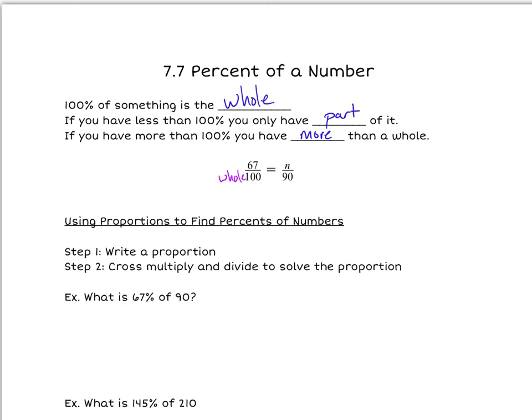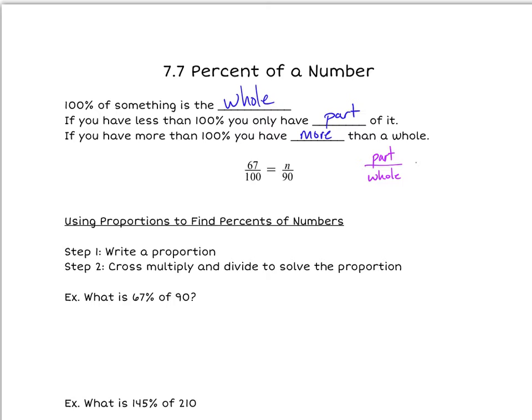I apologize, let's write it over to the right. And write whole. Here, we're going to put a fraction line like that. And the 67, is that part? This is a part. So the top is the part, the bottom is the whole.